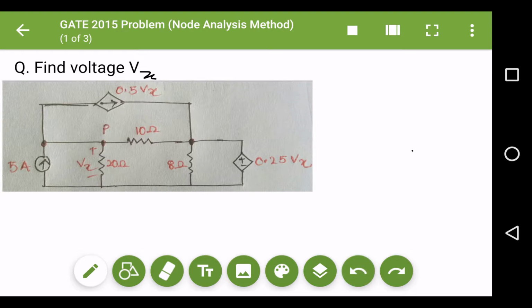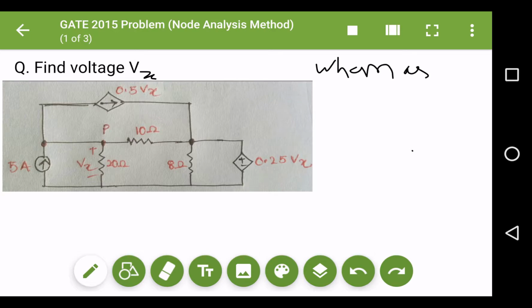Okay, so what are we going to do to find the voltage? Remember, in network theory, whenever you are asked to find the current, you apply KVL.